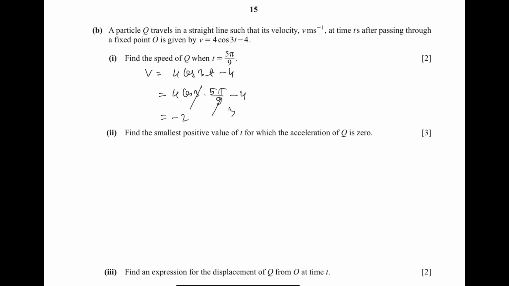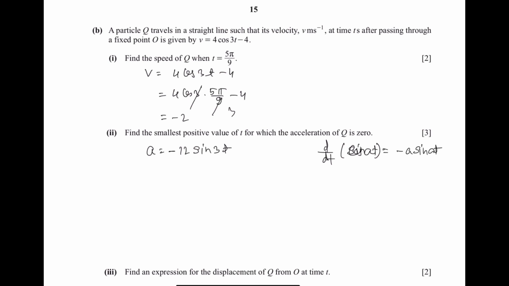Now find the smallest positive value of t for which the acceleration of Q is 0. We know that if velocity is differentiated, we get acceleration. So acceleration equals, obviously, 4 times 3 is 12 sine 3t, with a minus, because the derivative of cos 3t equals minus 3 sine 3t.